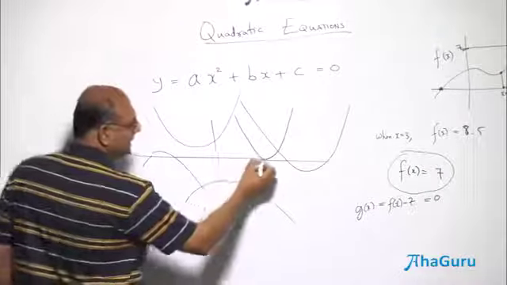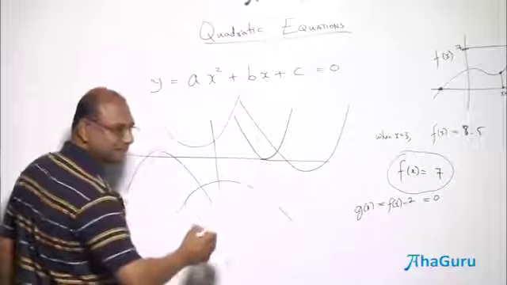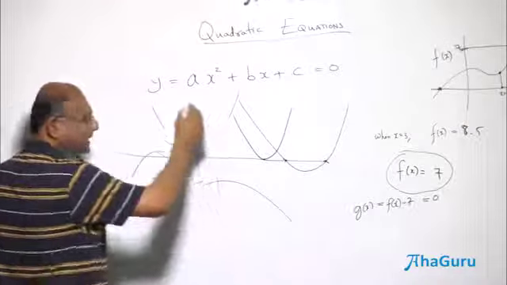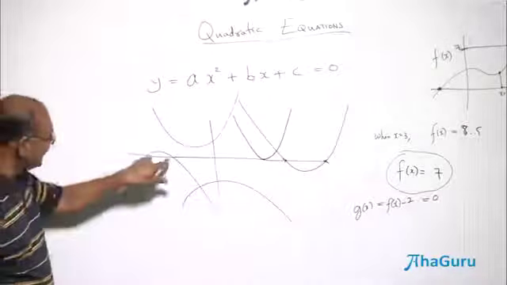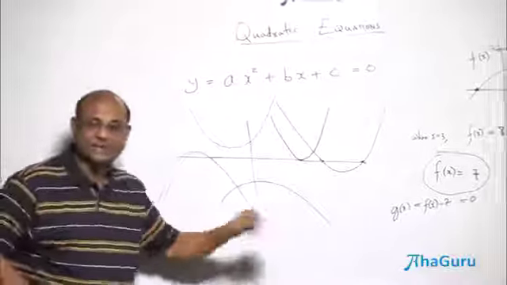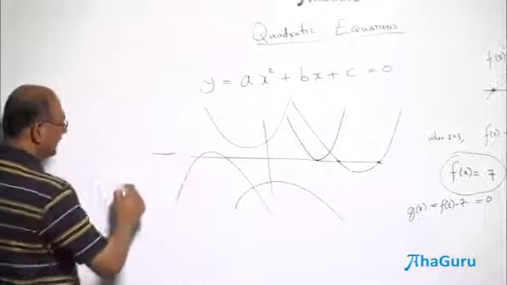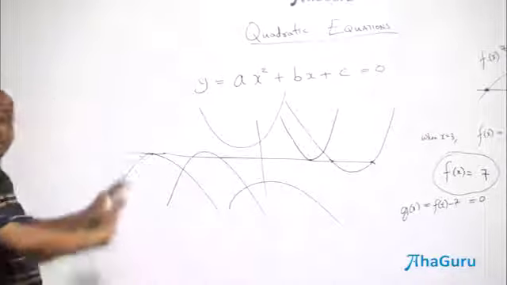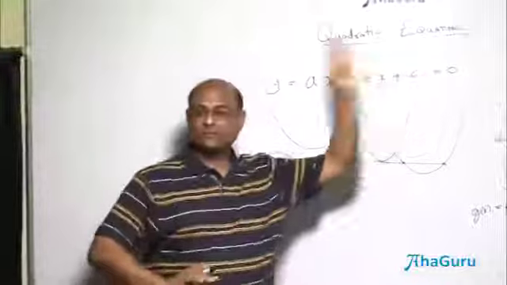So that means it is touching the x-axis once, it is cutting the x-axis twice, never cuts the x-axis. And of course you can also have a case where it looks like this, touching the x-axis from below. This is touching the x-axis from above.